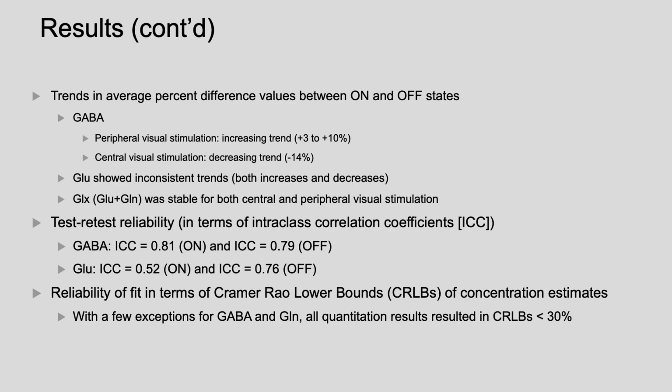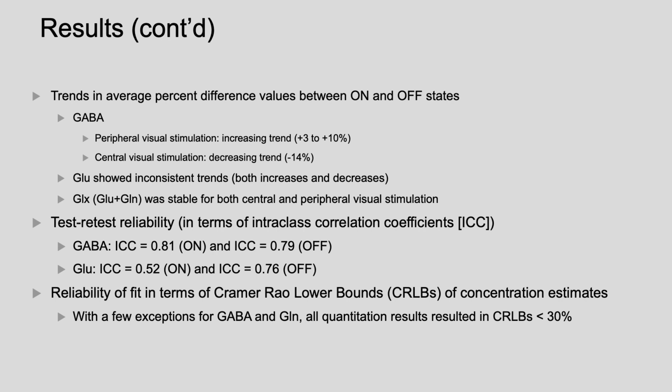Again, GABA showed an increasing trend of 3 to 10% increase of concentrations in the peripheral visual stimulation, which is correlated with its inhibitory nature. With central stimulation, it decreased, again, due to its inhibitory role.